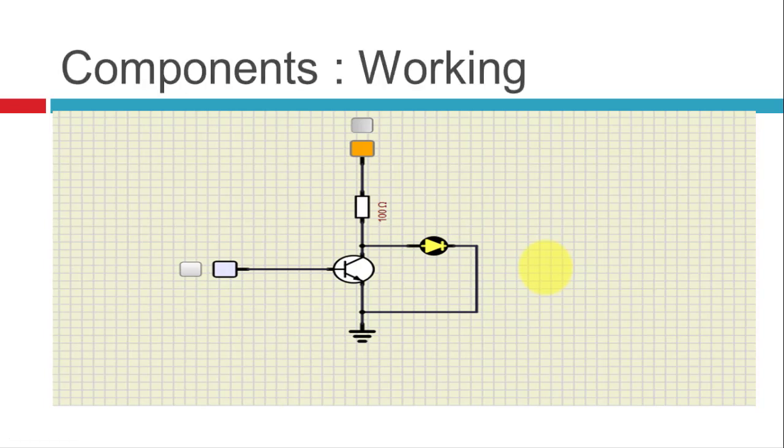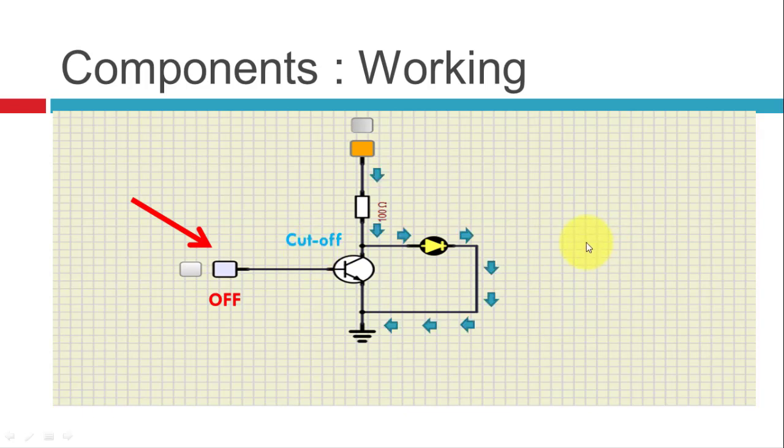Now let us see the working. Suppose this base power supply input is off, at 0 volt, and of course the power supply which is connected at the top is always on. When this is off, no current flows through the base, and because of that, this transistor goes into the cutoff region.